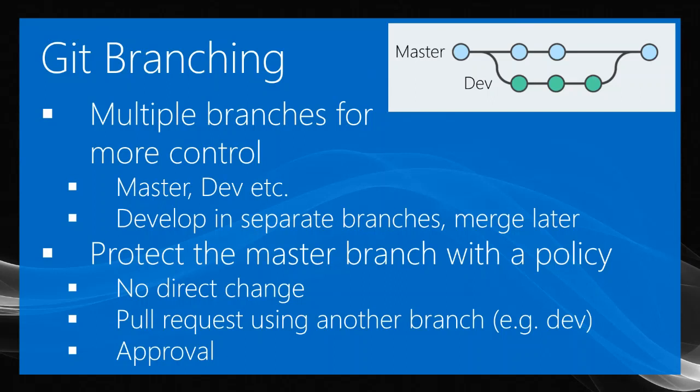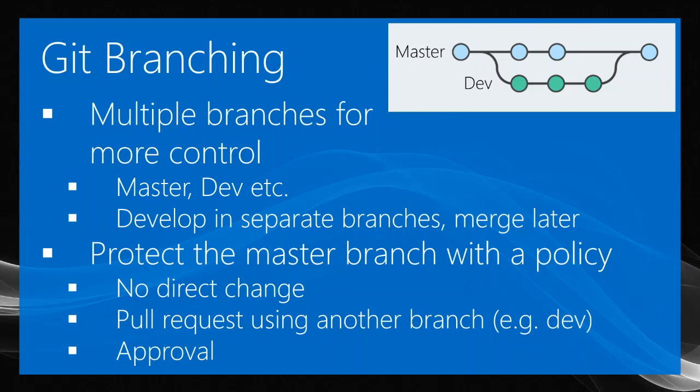And if you're not happy with the result, you just kill your dev branch, and the master branch remains unchanged. However, if you tested your code and it obviously works, then you can merge back those code changes from the dev branch into the master branch, which then means you have now a new version of that master branch that contains the new version of the code that, again, has been properly tested.